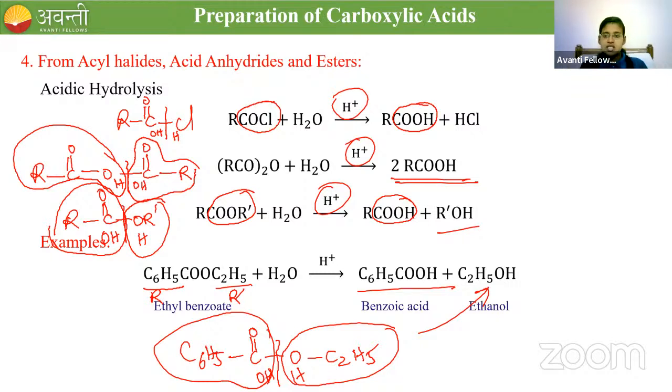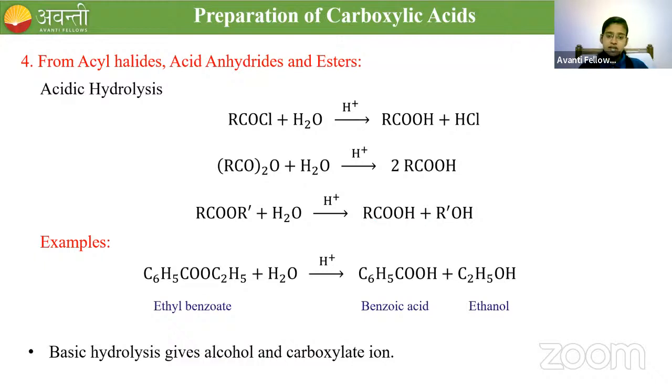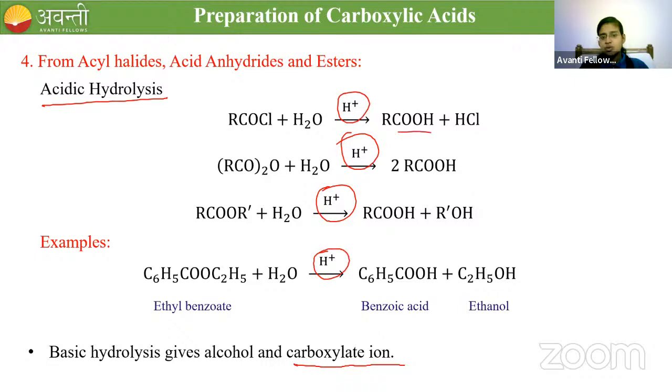Basic hydrolysis will also give alcohol, but not carboxylic acid. Instead of carboxylic acid, it will produce carboxylate ion. So from acidic hydrolysis, we are getting the carboxylic acid, the COOH component.